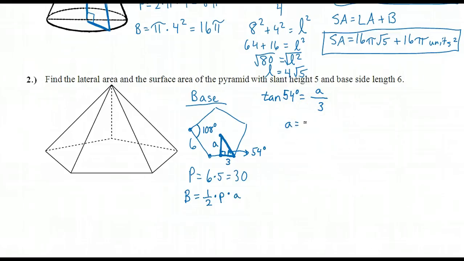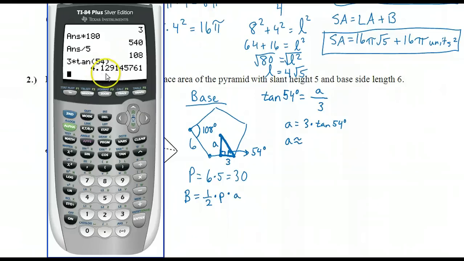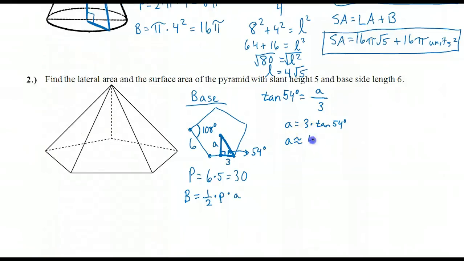Cross multiply, I end up with A equals 3 times the tangent of 54 degrees. So my apothem is going to be approximately 4.1. I'm just going to round to 1 decimal place.